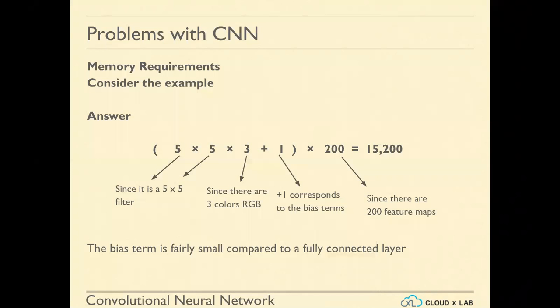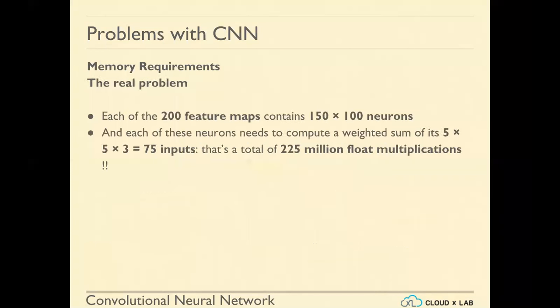If we have more such layers, let's say 3 consecutive layers of such kind, it will be multiplied by 3. Though it is far less compared to the fully connected layers, it is still huge.